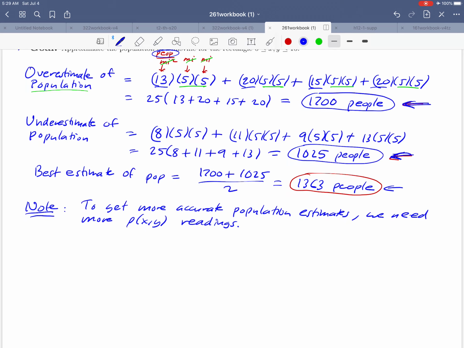Okay, let's put that into words here. So if we had a formula for the density at every point in our square, we could calculate the exact population.